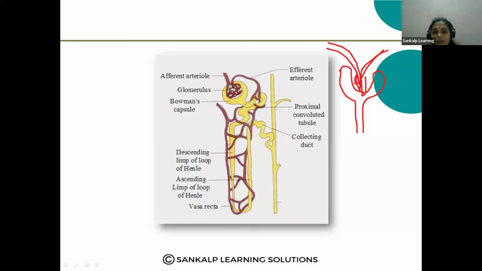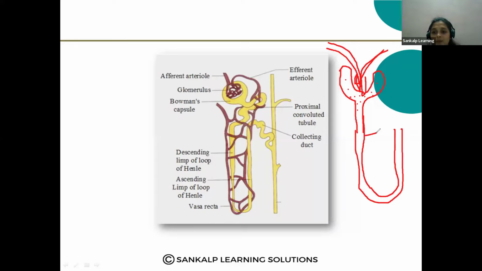The filtrate formed by the filtration process moves in the tube-like structure of the nephron. But in this filtrate, some essential water, nutrients, and some ions are there, so the complete filtrate will not become urine.